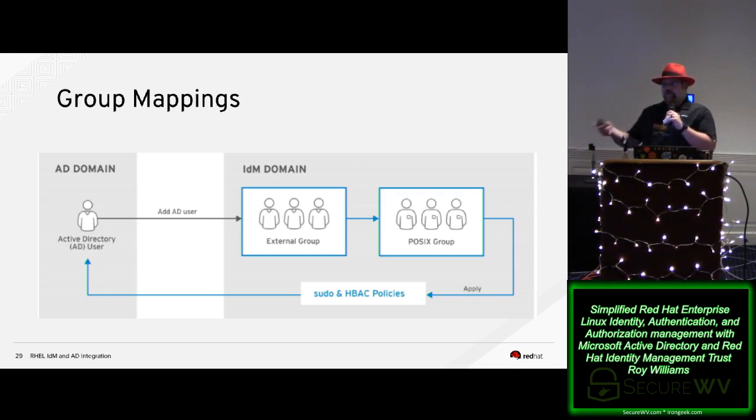So you're basically mapping something that you can see, and you can see what the members are of it, to something that you can actually modify and control. And this is useful because, like I said, for our host-based access control and our sudo policies, we have to have groups that we can assign policy to say that group A can get to server group B, but not server group D.